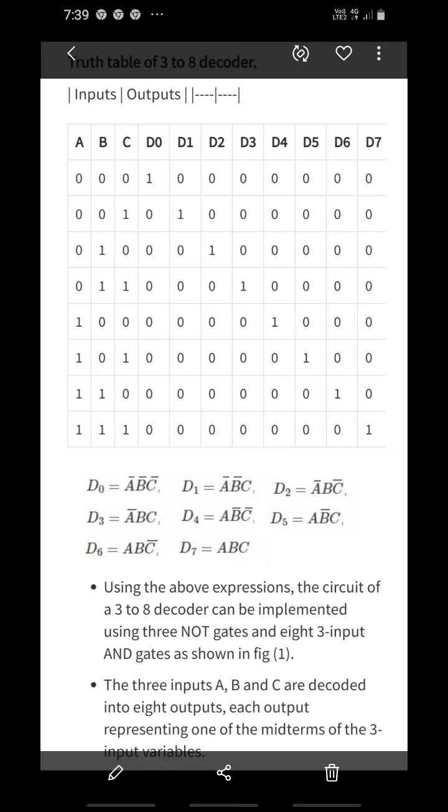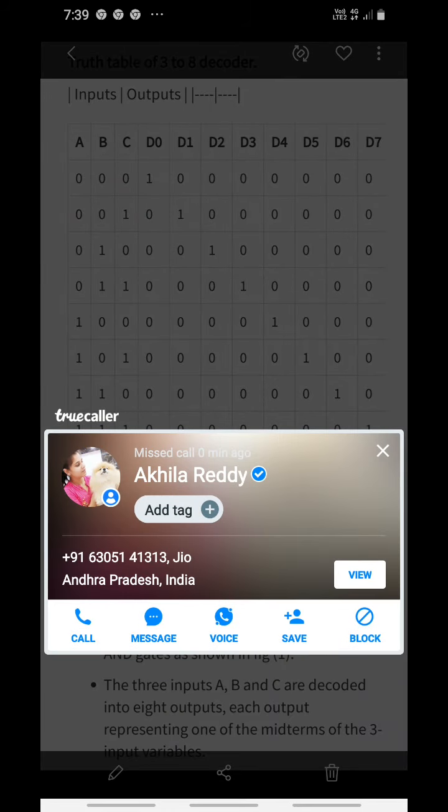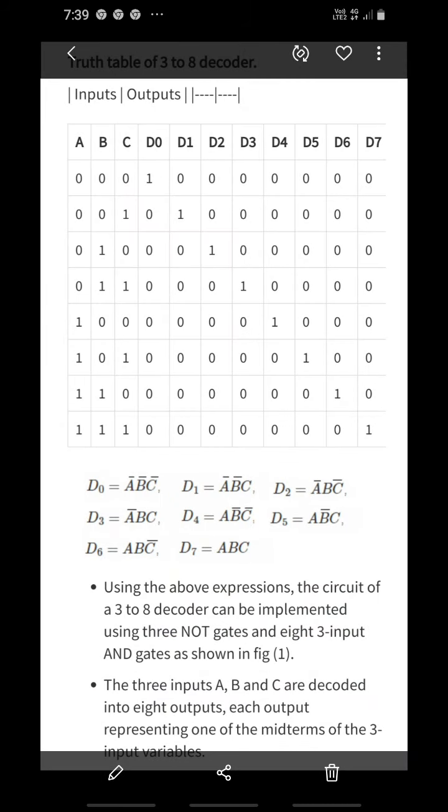So using the above expressions, the circuit of a 3 to 8 decoder can be implemented using 3 NOT gates and 8 three-input AND gates, as shown in the next PPT.